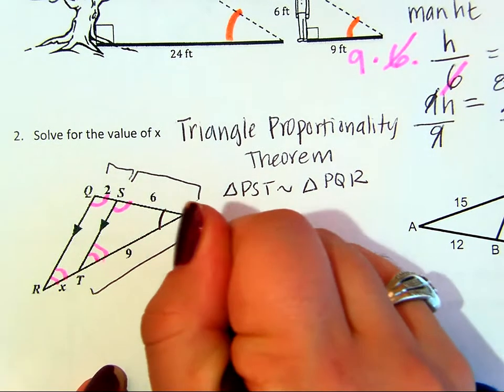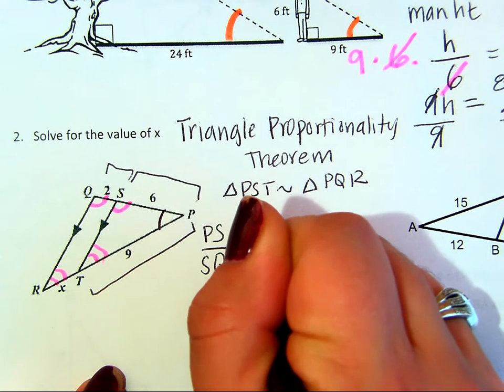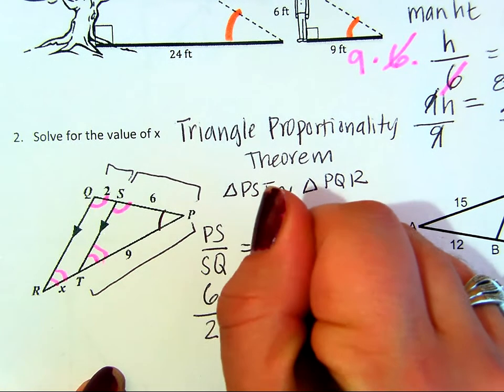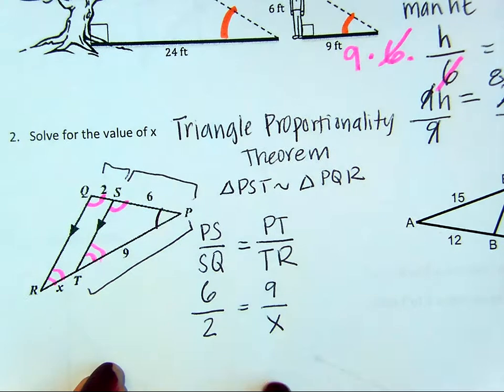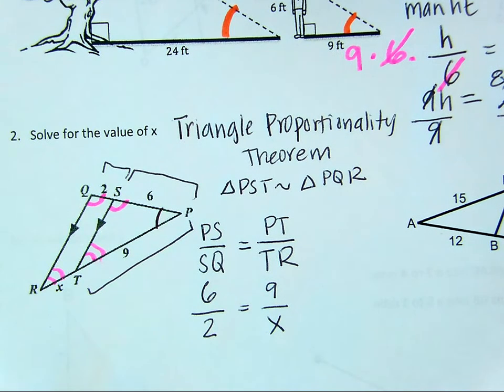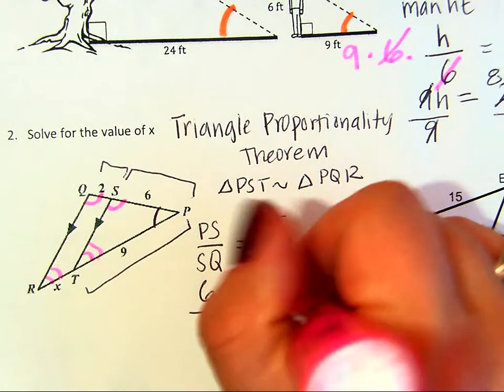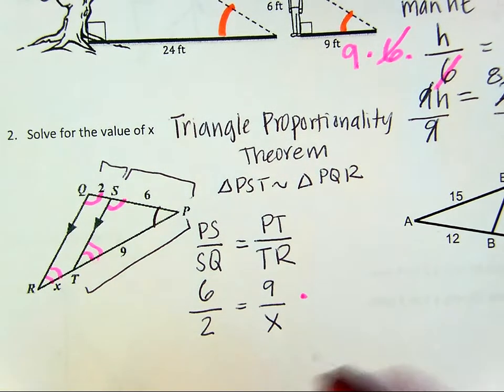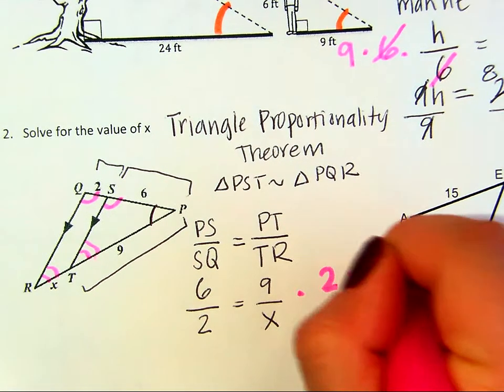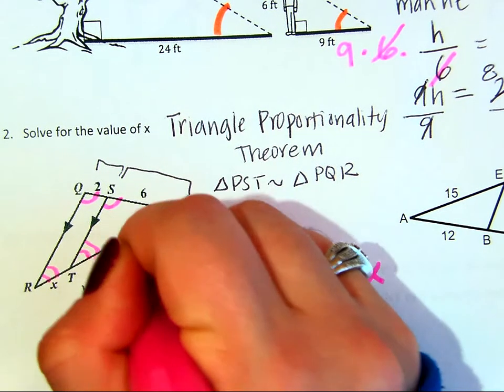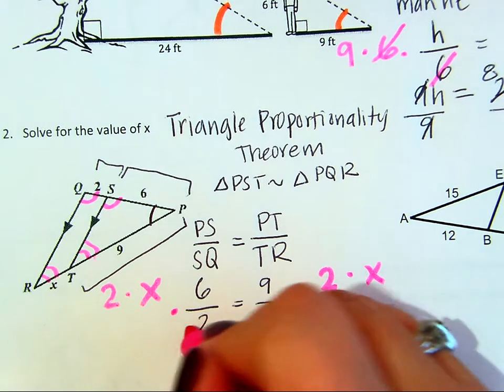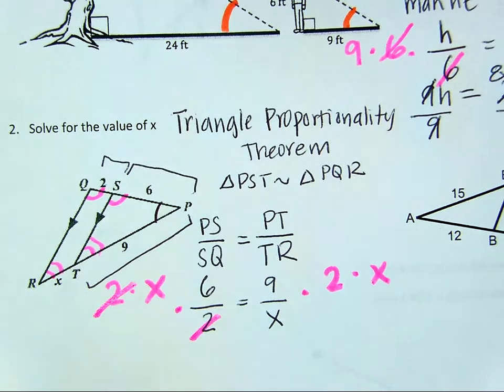So we have 6 over 2 equals 9 over x. And again here, in order to get rid of the fractions, I'm going to multiply by my two denominators. So multiply by 2 and x to one side, multiply by 2 and x to the other side. This helps us get rid of the fractions.